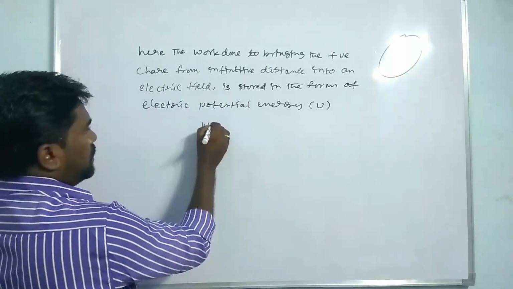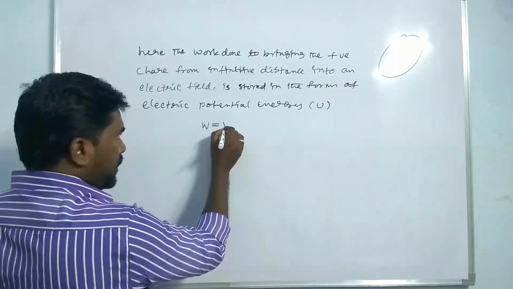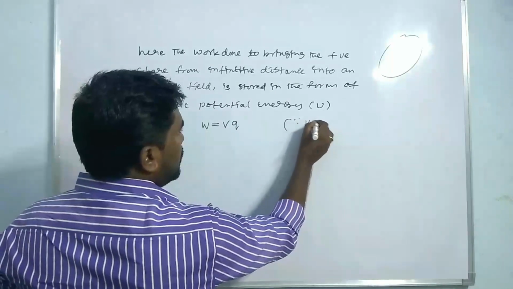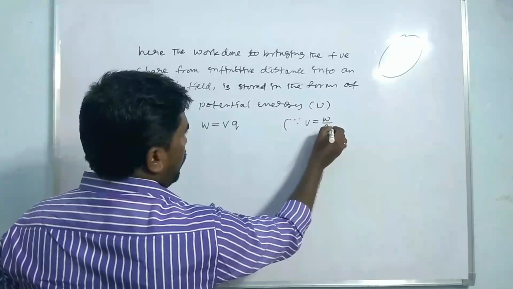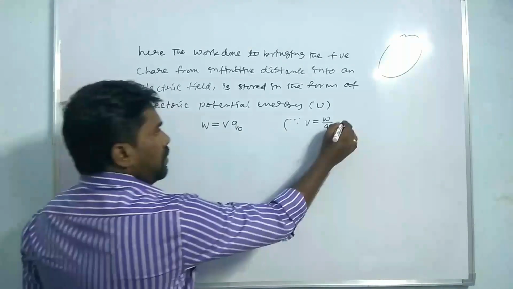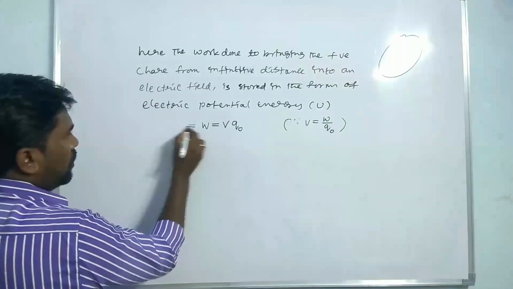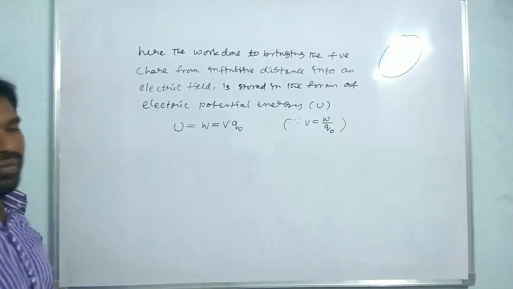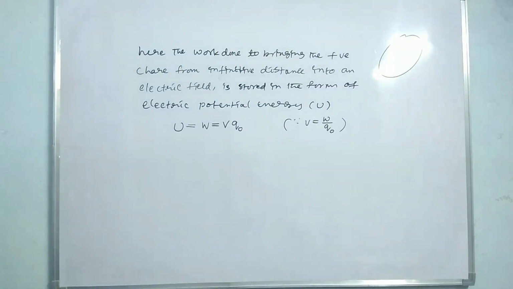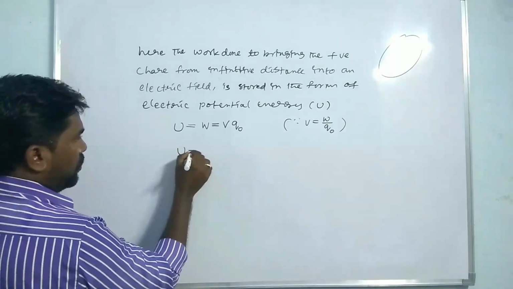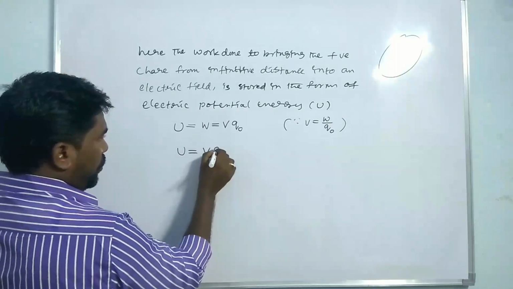that work done is equal to V into Q naught, since V is equal to W by Q naught. Hence this is stored in the form of electric potential energy. So the electric potential energy U is equal to V Q naught.